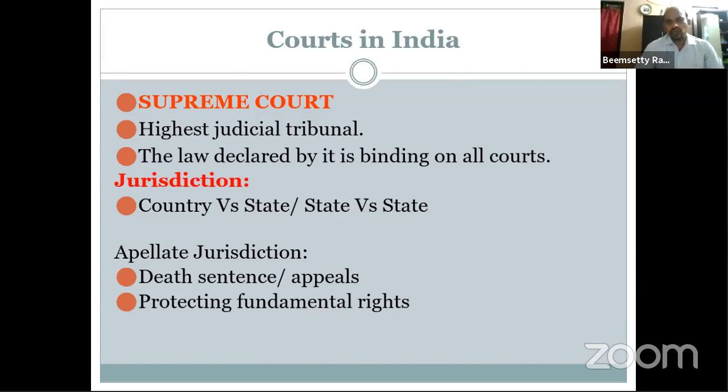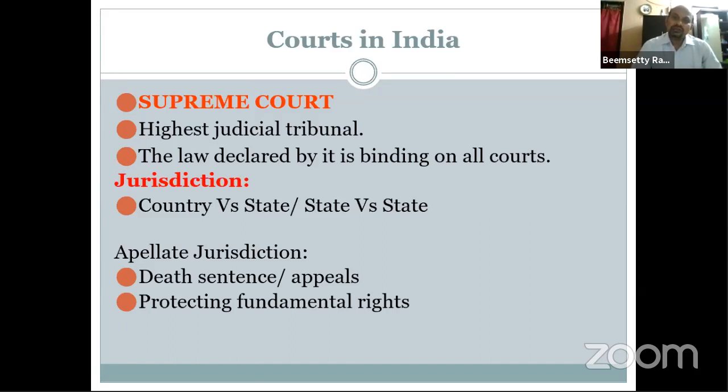If a death sentence is awarded by the sessions court, they can appeal in the high court. If the high court also confirmed it, then they are eligible to go to the Supreme Court. That is appellate jurisdiction of the Supreme Court.